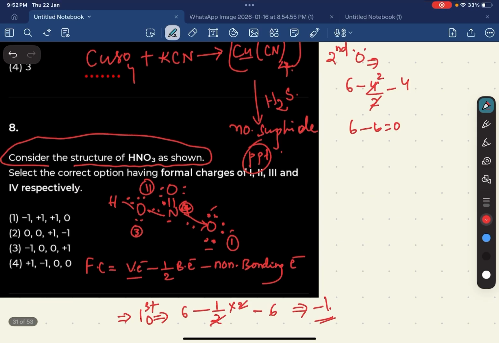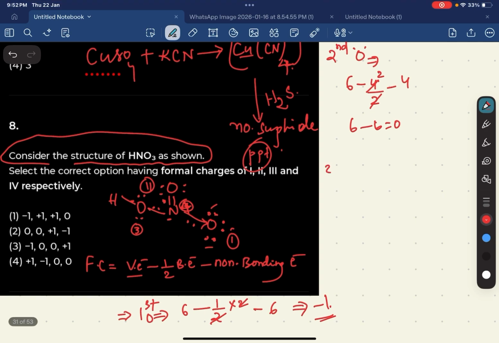Wherever oxygen is with a double bond, and hydrogen is with a single bond, if the valence is satisfied, the formal charge will always be 0. Here also oxygen has 2 bonds, one on this side, so the third atom also has a formal charge of 6 minus 4 by 2, with bonds on both sides, so here also 0 is the answer. And coming to the last, the nitrogen atom.